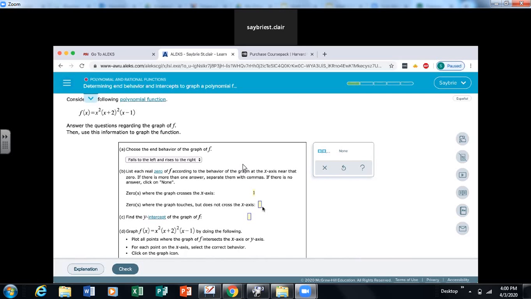Looks like there's 2 of them, right? So 0 and -2, or type in -2 first. -2 and 0. The Y-intercept looks like it's 0.